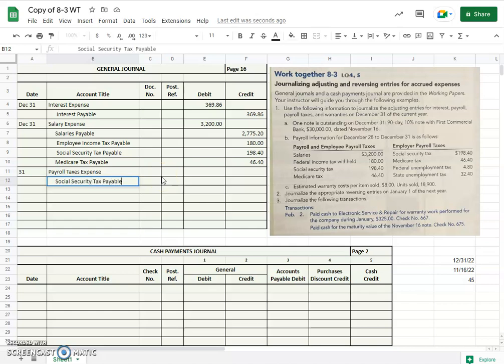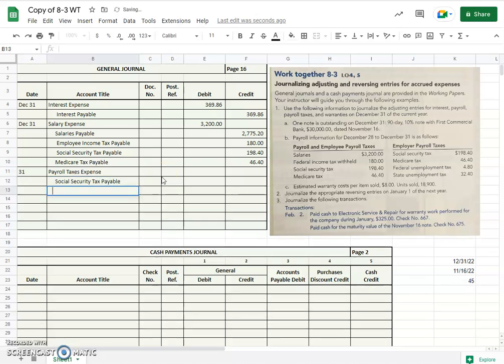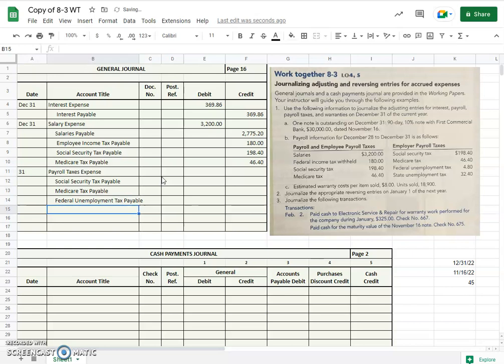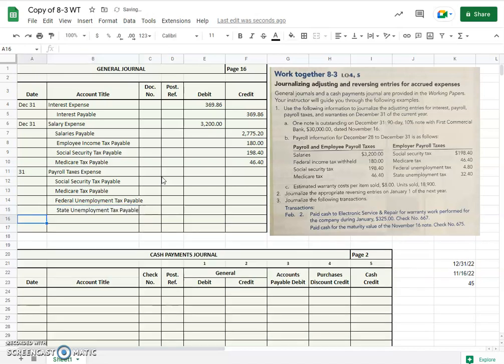Social Security tax payable, and we'll have Medicare tax payable. And of course, these are all liabilities. They have the word payable in them, which means they're a credit balance. We're increasing these by crediting them. And state. Okay.